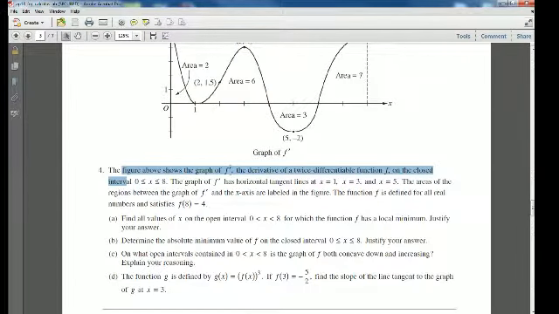Okay, part B. The function g is defined by g of x equals f of x to the third. If f of 3 is negative 5 halves, find the slope of the line tangent to the graph of g at x equals 3.